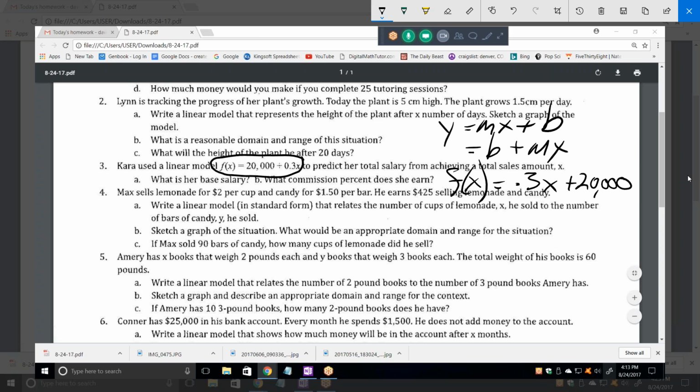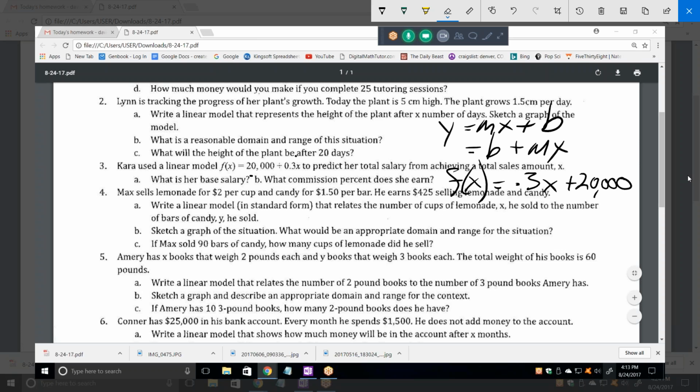Assuming, what's f of x mean? It's the same thing as y. What does it mean in this problem? What is f of x, or y? You're right, I could have called it y also. But in the scope of this problem, what is it? Her salary.